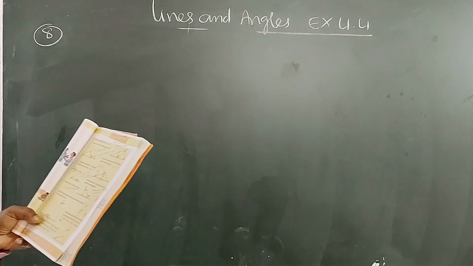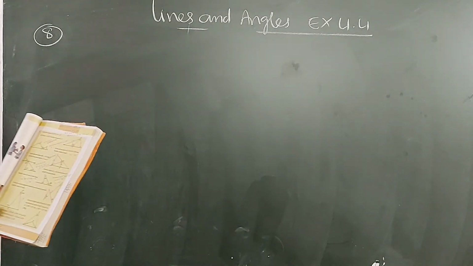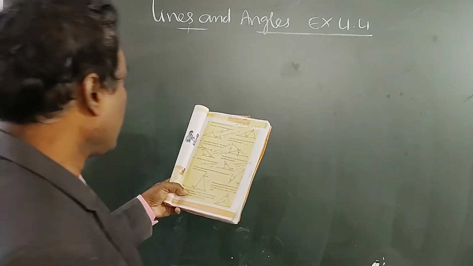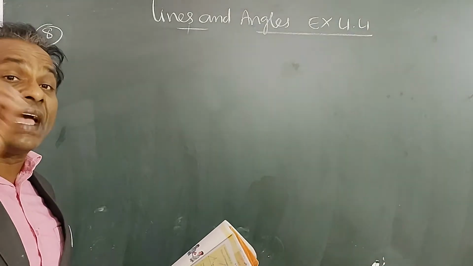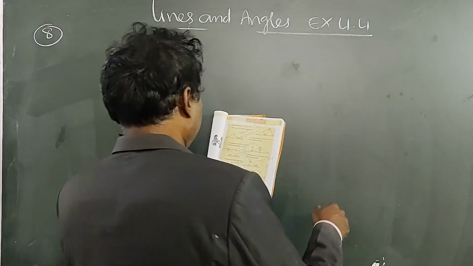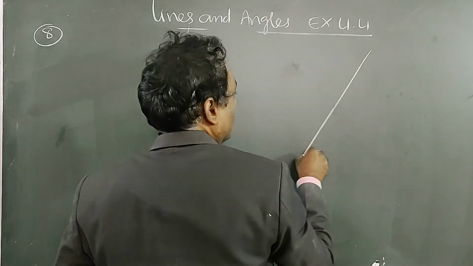Eighth question: in the given figure, side QP and RQ of triangle PQR are produced. Read the seventh question and draw the diagram given in the eighth question. Draw the diagram, students.